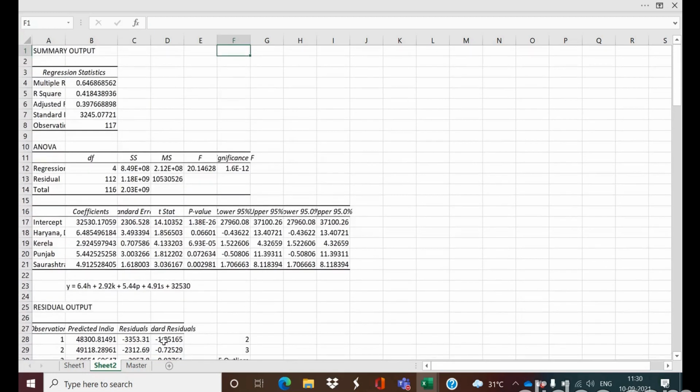So what is your overall judgment? Which model is better? The second one. So this is the judgment of the data scientist, because there are multiple parameters which decide the model, and these are all prediction models only.